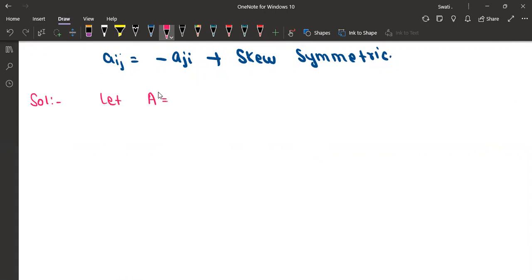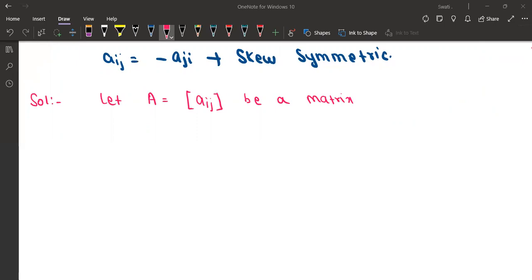Let A is equal to a matrix Aij be a matrix which is both, because that is given, right? We need to prove. Okay, let's read the question once again. So, the question was, show that a matrix which is both symmetric and skew symmetric is a zero matrix.